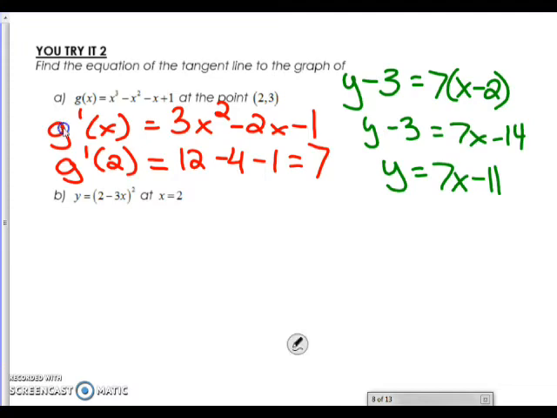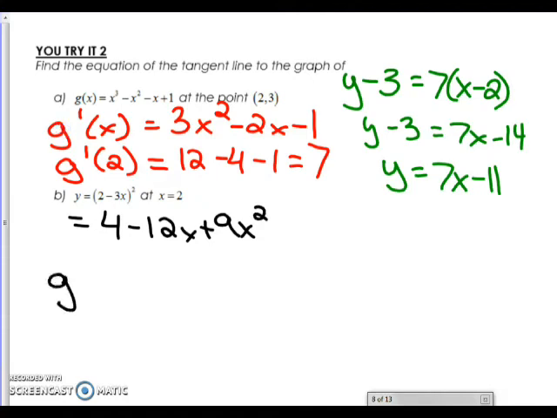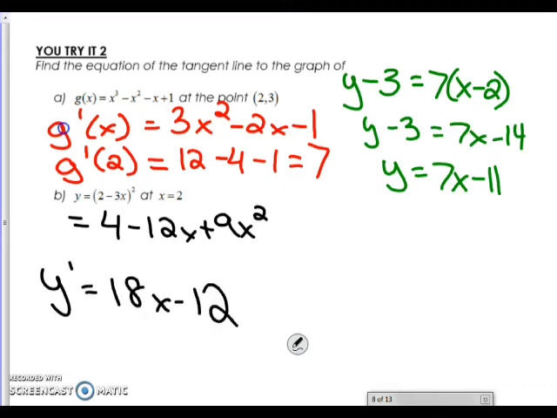And then for B, you would have had to rewrite that twice and FOIL it out, right? So hopefully when you FOILed it, you got 4 minus 12x plus 9x squared. Then you should find your derivative, not a g this time, it's a y, so it'll be y prime. For the derivative, I got 18x minus 12.